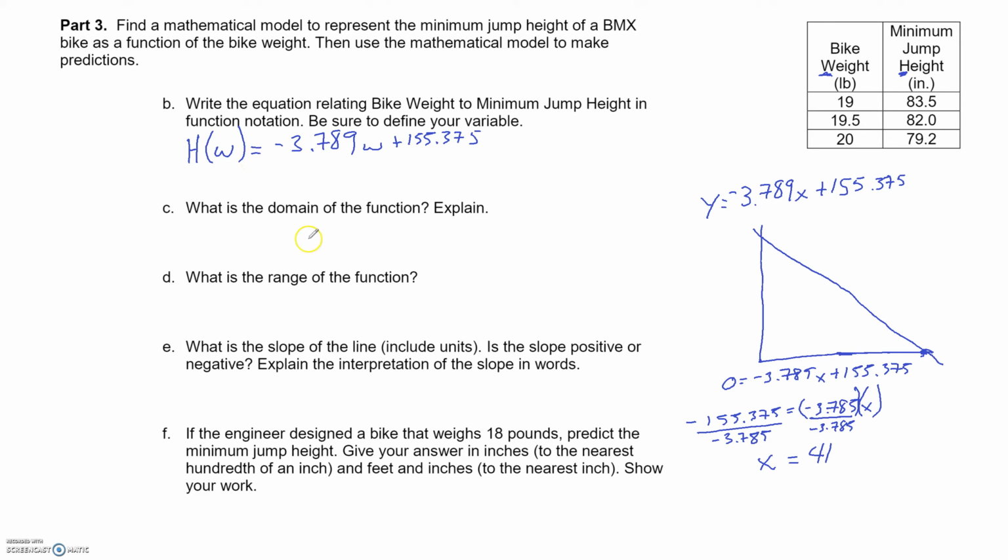So our weight, W, has to be greater than 0. Remember with your signs, greater than, less than: the big side is here, the small side is here. W is bigger than 0, but it has to be smaller than 41, and that was measured in pounds.